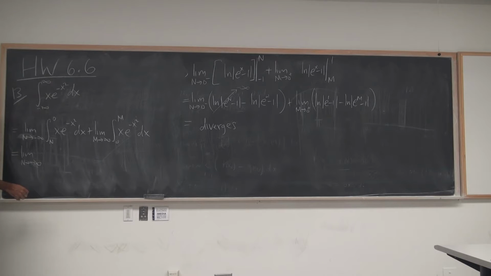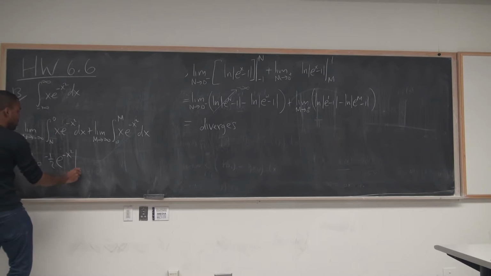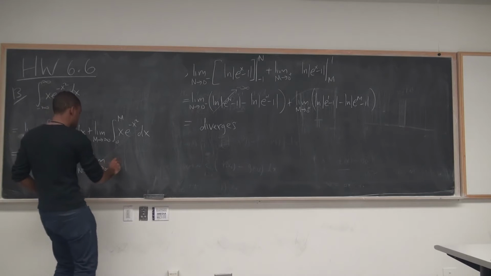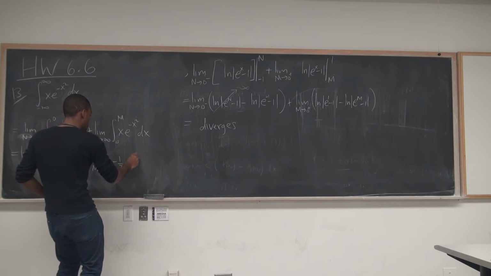It's not by parts. Substitution, u equals this, du be blah blah blah, you get 1/2 e to the minus x squared. Negative, because of the negative sign. This would be n to 0, plus limit as n goes to infinity of the same thing, minus 1/2 e to the minus x squared.